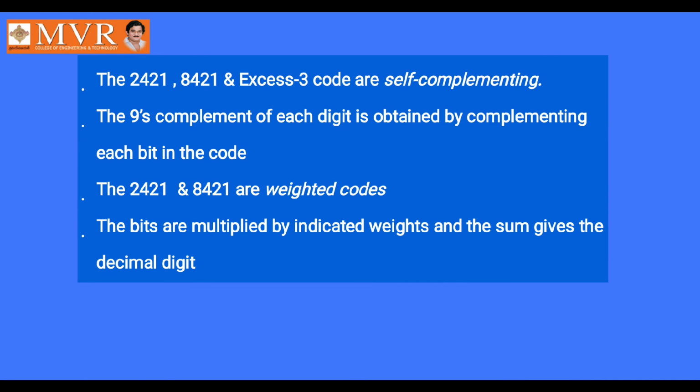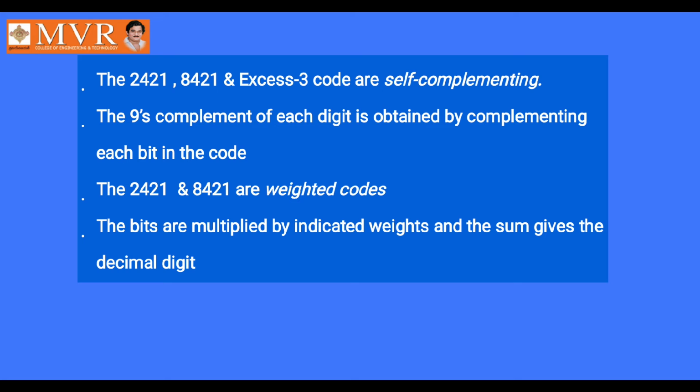As I told you, 2421 and 8421 are called weighted codes, and there are two non-weighted codes: the XS3 code and the gray code. Please, I am repeating, 2421, 8421 and XS3 are once again grouped together and called self-complemented codes.